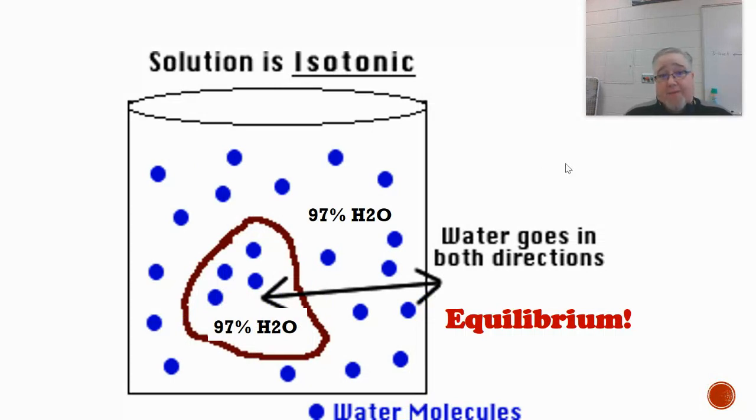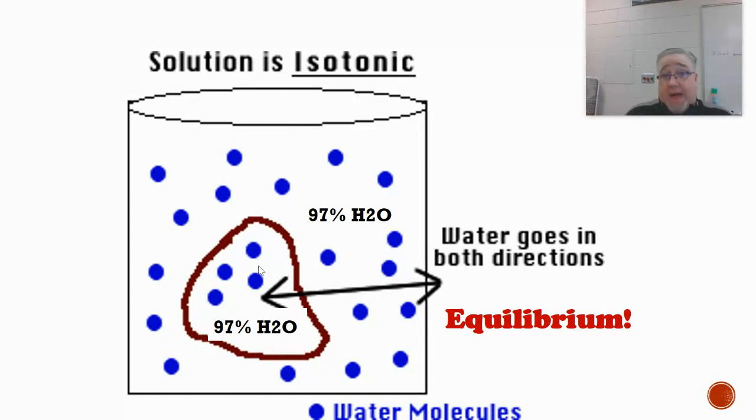All right, finally, we have what we call an isotonic environment. Here you've got a cell that's in an environment that has the same concentration of water on the outside as on the inside. So this is a cell that is already in equilibrium with its environment, and that's kind of what cells want. Now, just because it's in an isotonic environment doesn't mean that water's not moving back and forth.